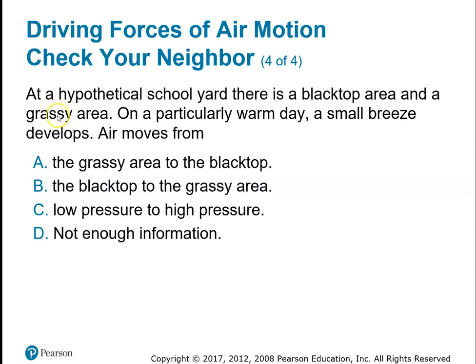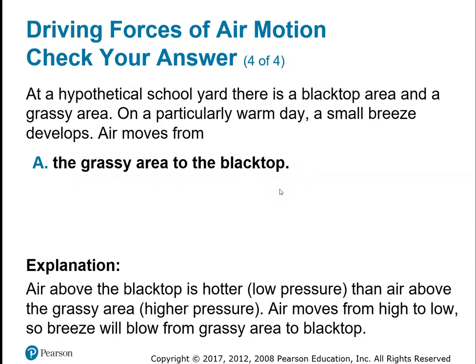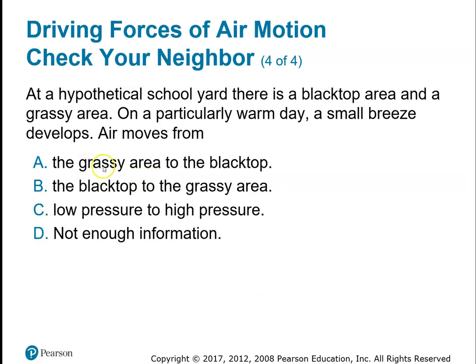But that means it'll have higher pressure than the area right above the blacktop. All right, and so the air will move from the grassy area to the blacktop. Hopefully, make sure you rewind that and understand the reasoning for that.